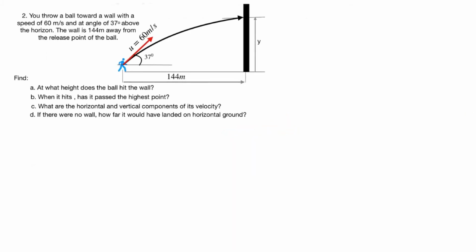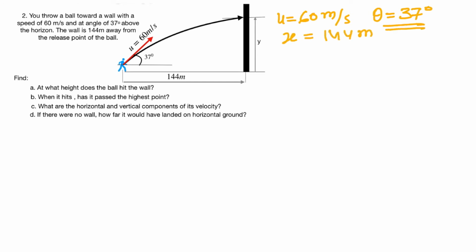So here the given information is u equal to 60 meter per second. The angle of projection theta is 37 degrees and the horizontal distance covered up to the wall is 144 meter.